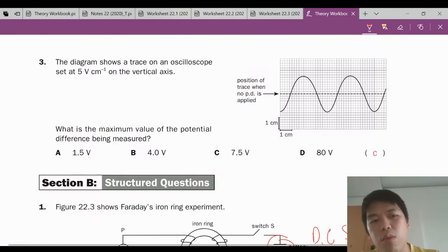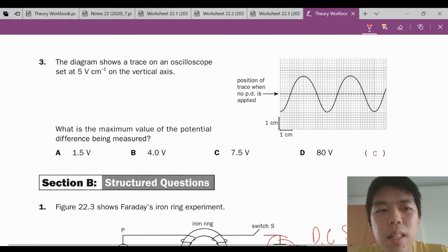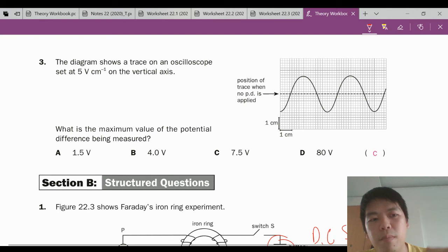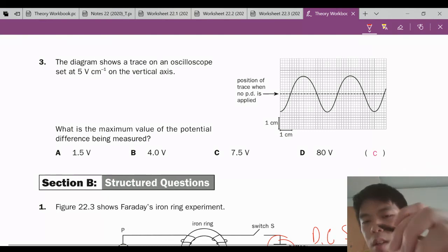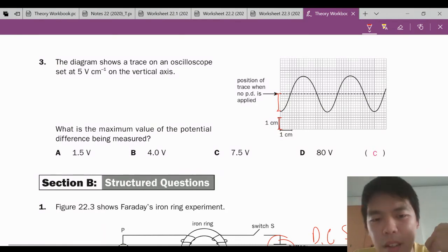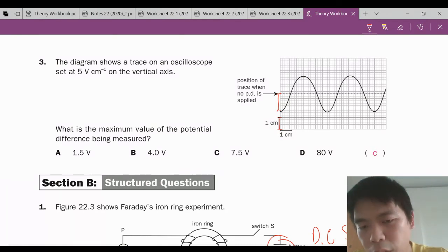Number 3, a diagram shows a trace on an oscilloscope set at 5 volts per centimeter on the vertical axis. So let's count the number of boxes. 1, 2, 3, 4, 5. 5 boxes is for 1 cm.